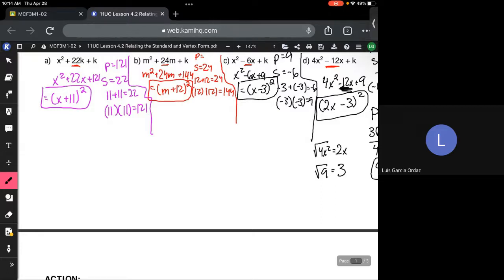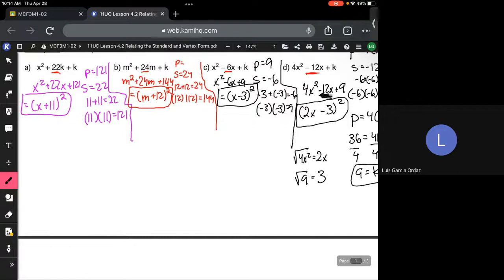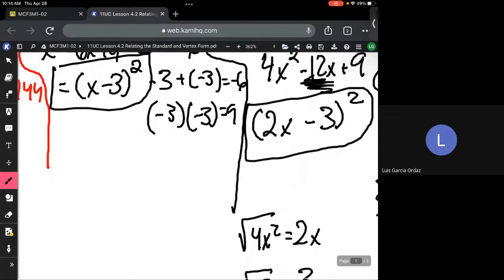So Cynthia, you square root the first term. So the square root of 4x squared is 2x, right? What's the square root of 9? 3. Is my 12x in the middle positive or negative? Negative, which is why we're going to have 2x minus 3 to the power of 2.